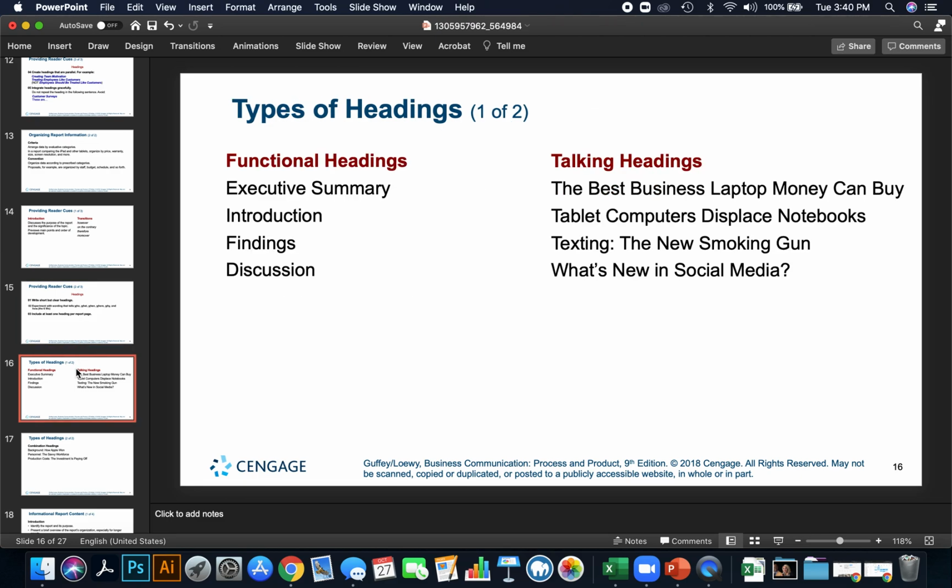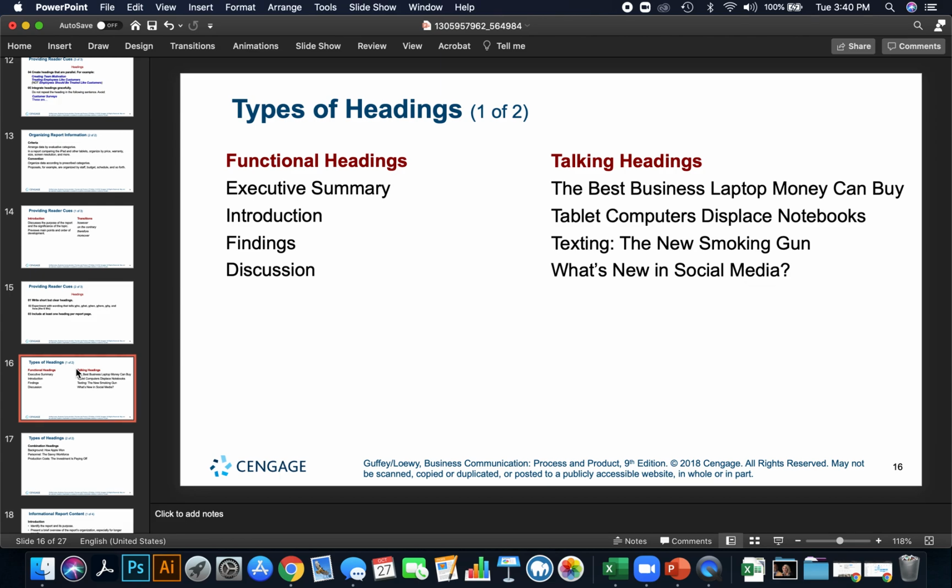Types of headings that are out there. There's functional headings, such as an executive summary, introduction, findings, or discussions. And then there's talking headings. Examples are the best business laptop money can buy. Tablet computers displace notebooks. Texting, the new smoking gun. What's new in social media?